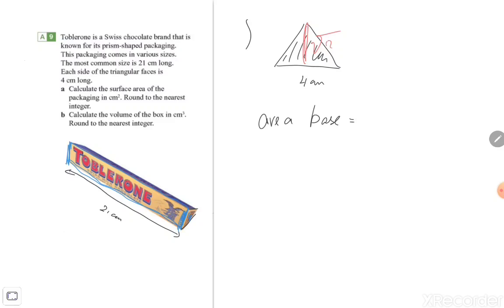So the area of the base is 1/2 times 4 times the square root of 12. Now, to calculate the volume, we have the base, 1/2 times 4 times the square root of 12. This is the base, and then multiplying with the height, and that's 21.